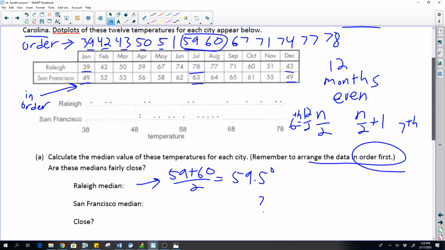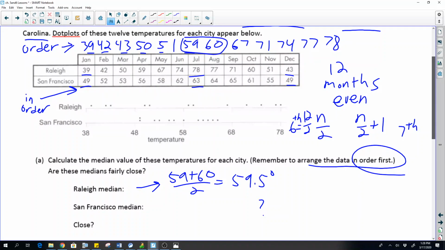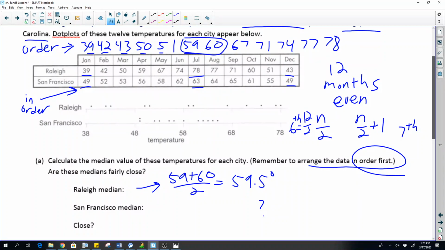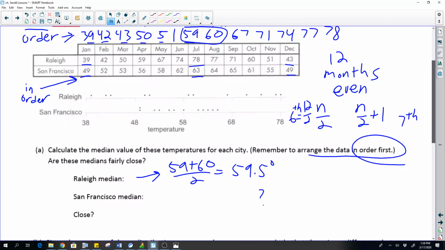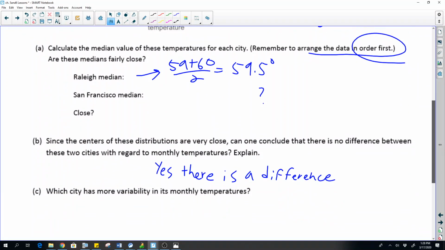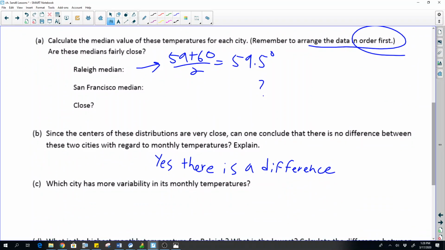It turns out that Raleigh had a minimum of 39 and San Francisco had a minimum of 49. So R for Raleigh, S for San Francisco, 39 versus 49. That's a pretty big difference, a 10-degree difference.